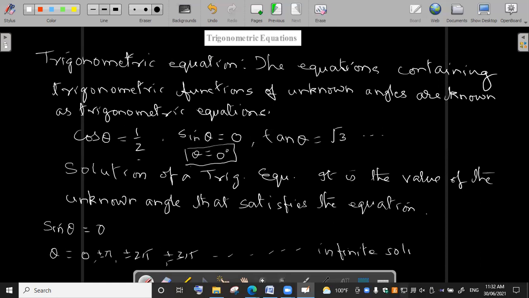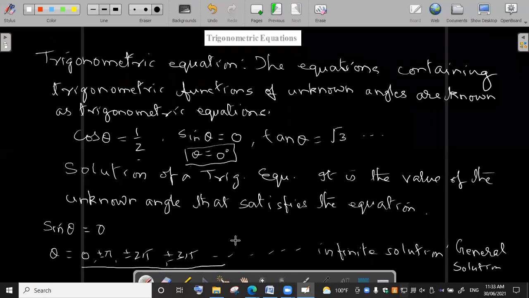So we have to write a general solution in terms of n. You can put any value and get the answer in general form. The general form will be n pi.